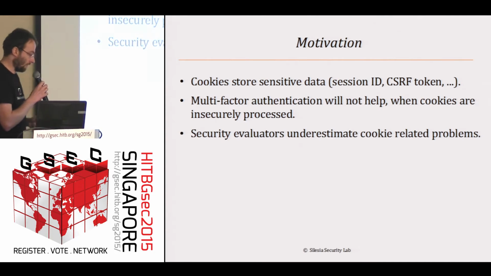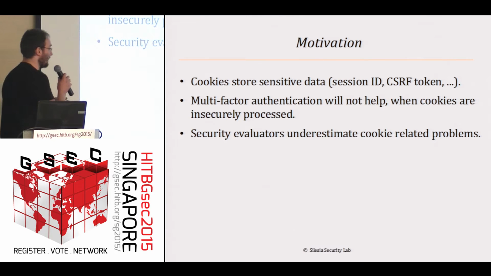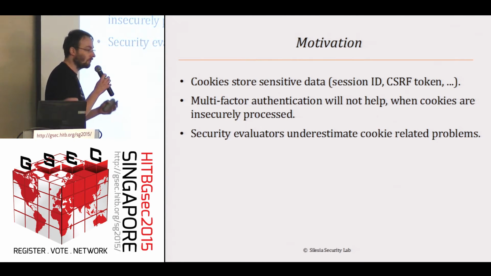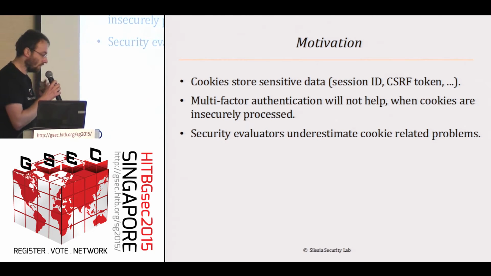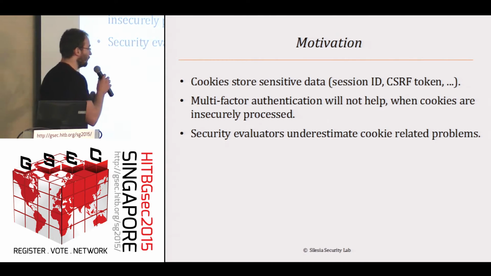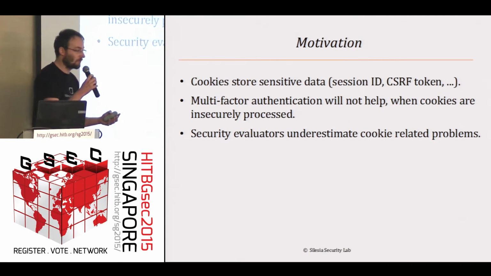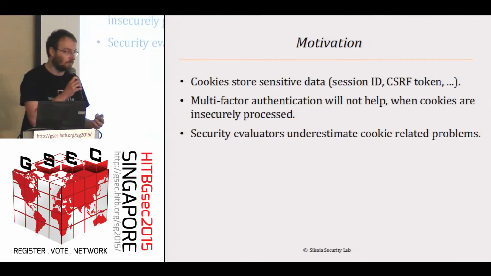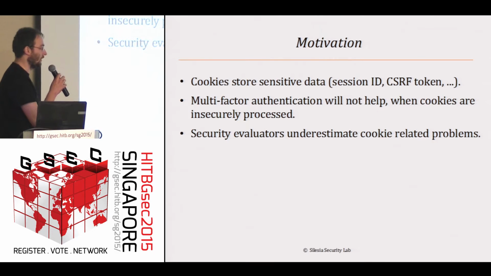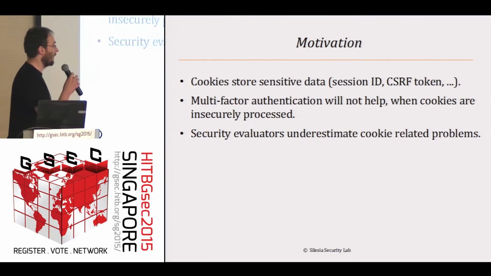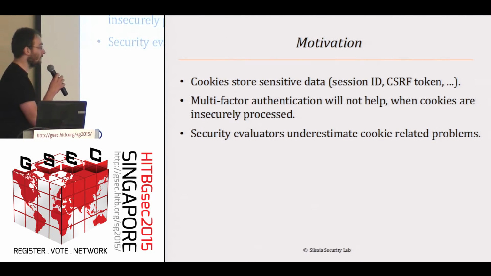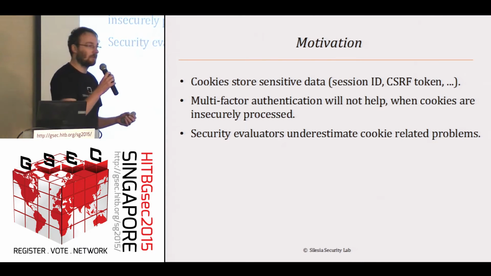Another one, what I have seen quite often is that cookie-related problems are really underestimated. If you report a problem to a customer or just see other pen testing reports, you see that the rating of risk is quite often low. I cannot agree, and I will show you that a cookie-related problem does not mean local exploitation, right?